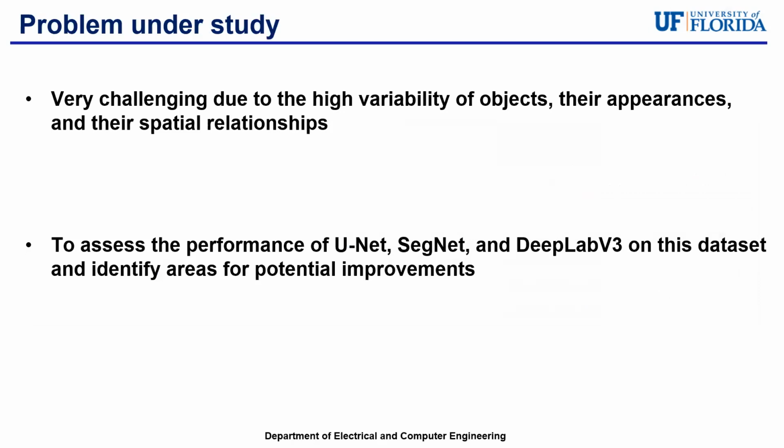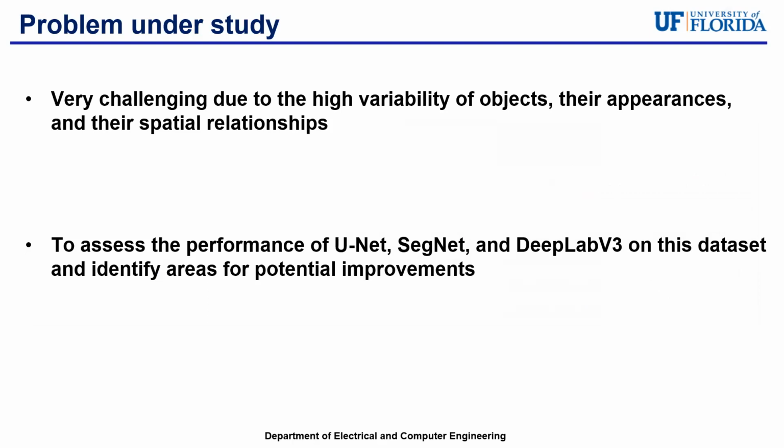Semantic segmentation of urban scenes is a challenging problem due to the high variability of objects, their appearances, and their spatial relationships. The Cityscapes dataset, comprising images from 50 different cities, provides an excellent benchmark for evaluating semantic segmentation algorithms.